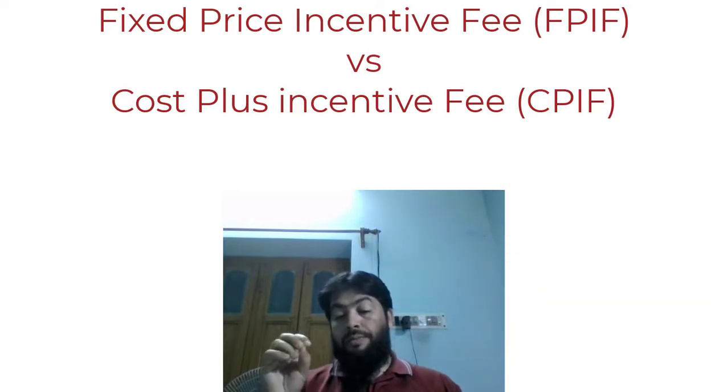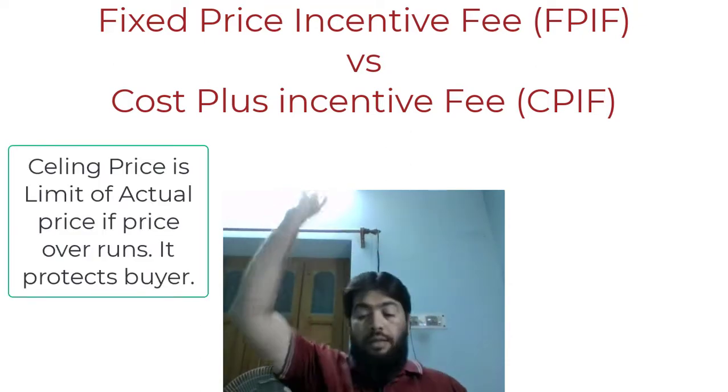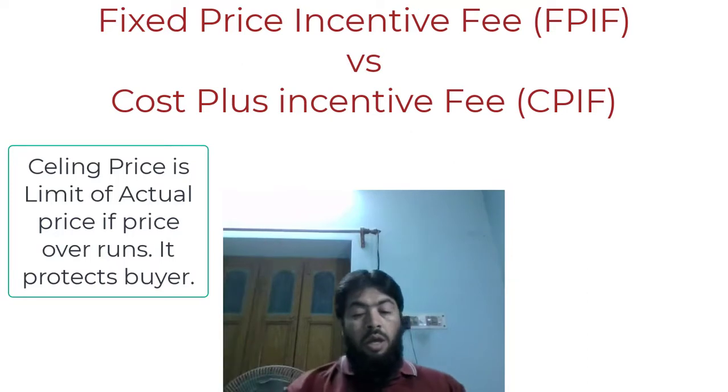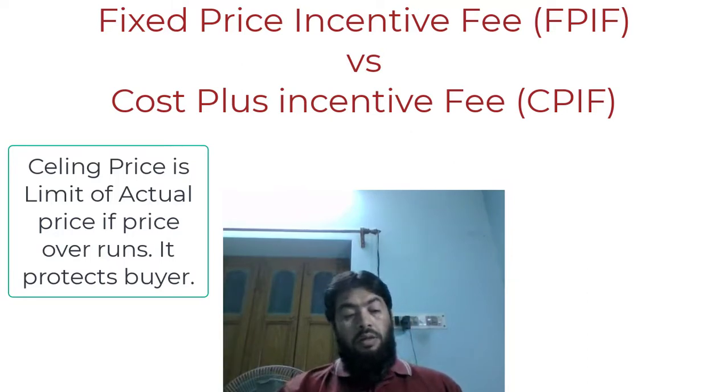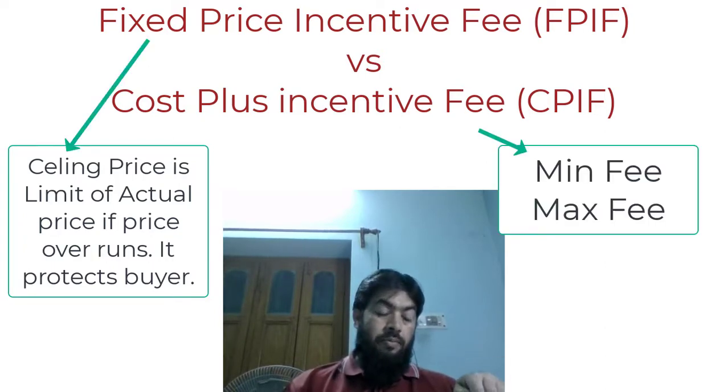That limit is given by a ceiling. You know, over our head there is a ceiling, so it's a limit of the fixed price. On the other hand, maximum fee and minimum fee are for the cost plus incentive fees.